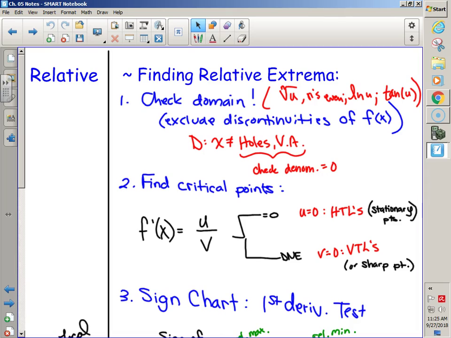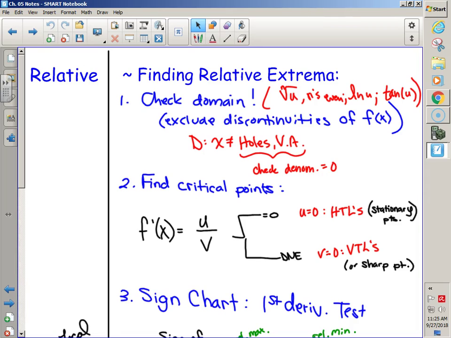Vertical asymptotes cannot be maximums or minimums. Neither can holes. Discontinuities cannot be maximums or minimums, but they do need to be included in the sign chart.